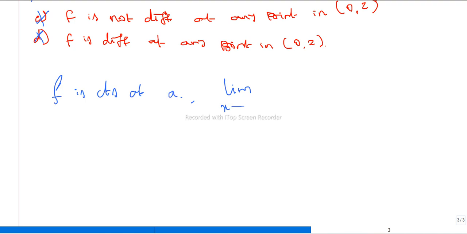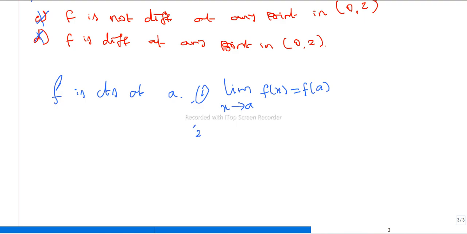If the limit as x goes to a of f of x is equal to f of a, then f is continuous at a. This is the first definition, using the limit.